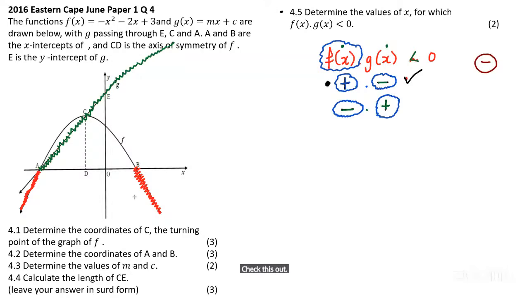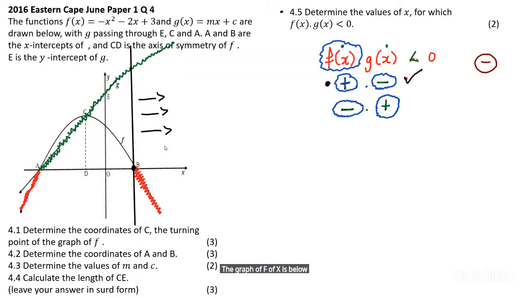If you were to draw a line right here at point B, notice that after the x value of B, the graph of g of x is above, the graph of f of x is below.